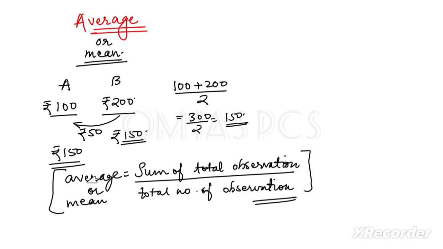I'm just giving you one example for this. Say there is a group of children, and their ages are given like 5 years, then 7, then 13, then 12, then 8, then 15, then 9, then 6.